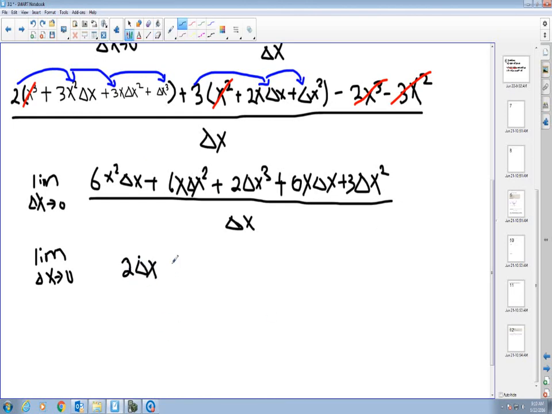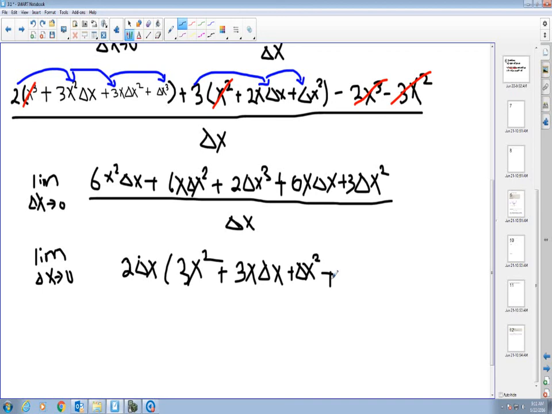If I factor out a 2, what that will leave me with is a 2 and a delta of x. Every term has delta of x. So that will give me 3x squared plus 3x delta of x plus delta of x squared plus 3x.